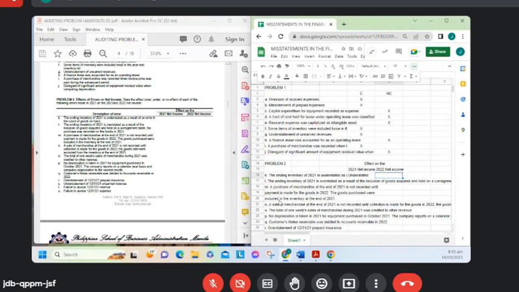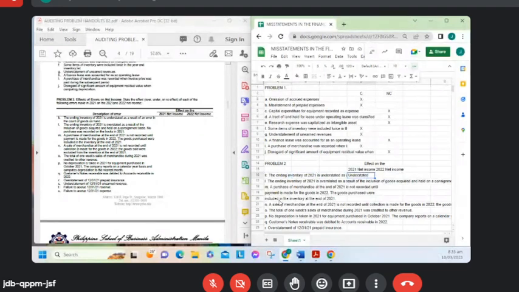So the beginning balance of the inventory in 2022 is now overstated. So it means the, wait, baliktad pala. So ending inventory is understated, no?